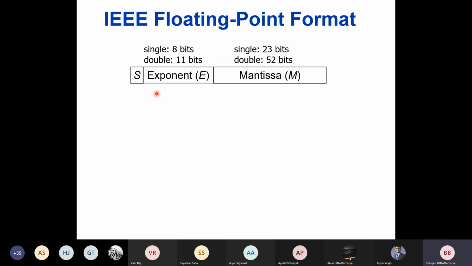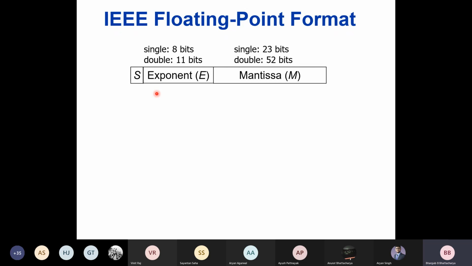You have high powers of the exponent, that means... in a real number, how do we represent a real number? It's something like, say, 23 point something, right?